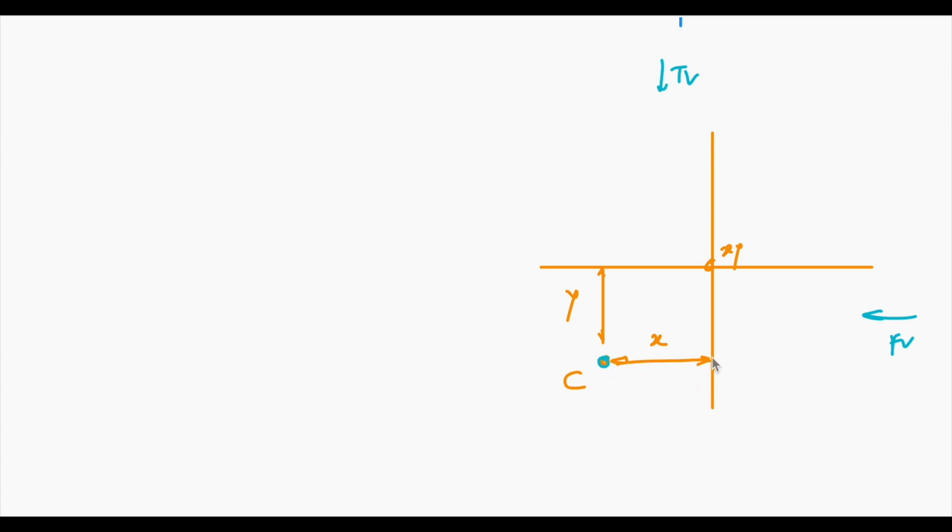So front view will appear over here, below xy line by distance of y. So this distance is y, and on the projector through this C dash, let's see where top view is going to be located.